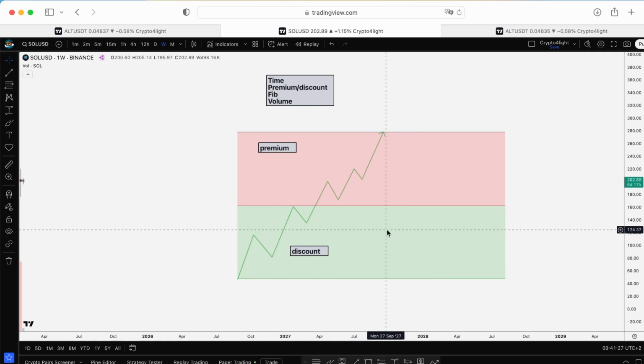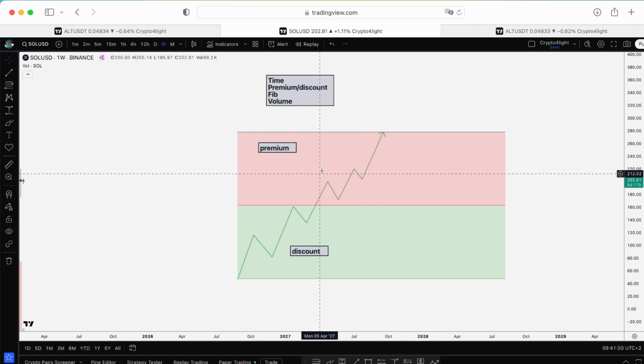For me personally, it's much better to skip the token. And I explained to you in the intuition accumulation pump model why I sometimes skip tokens, even if we start going into correction. Because for me, that correction is not enough to take action and buy the token. That's why I pay attention to time, premium discount, FIB, and volume.